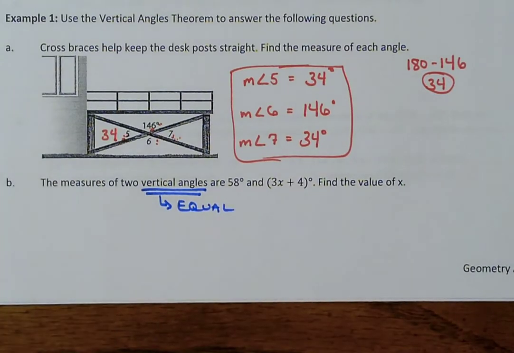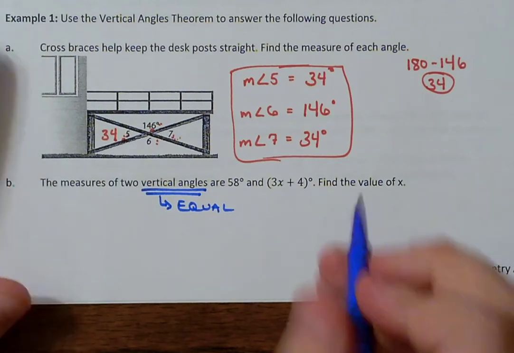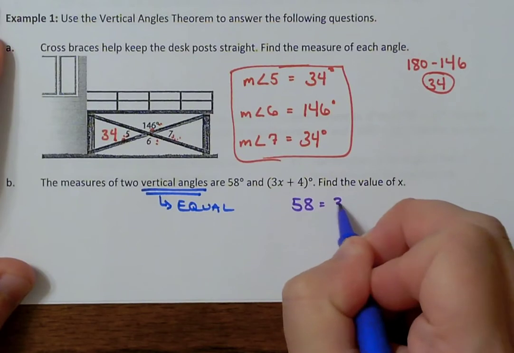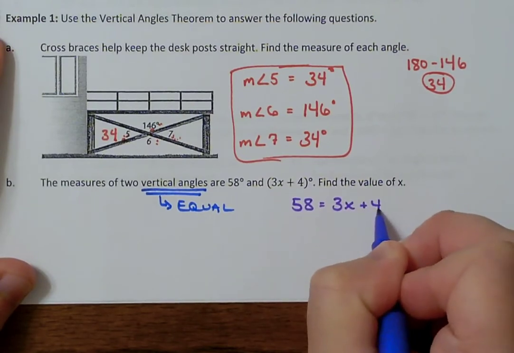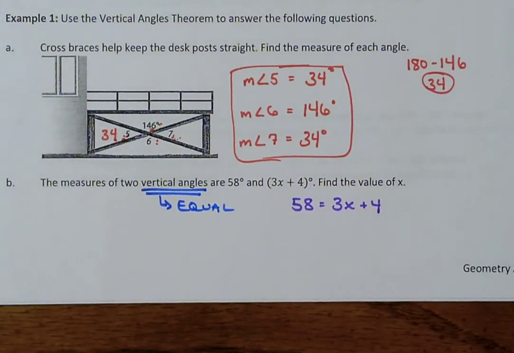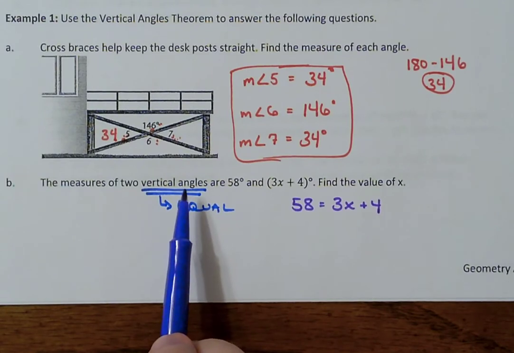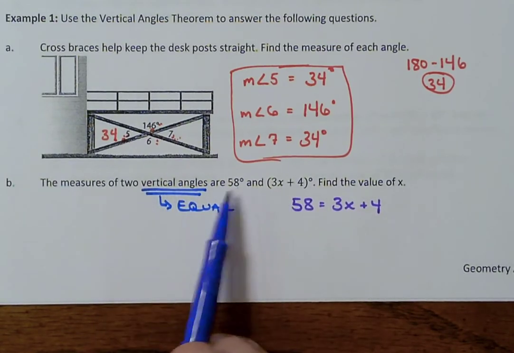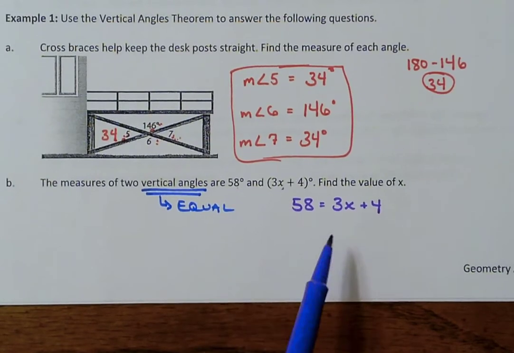So I take my 58 and my 3x plus 4, and I set them equal to each other. Vertical means they are equal, so we take these two parts because they tell us they are vertical angles, and we set them equal.